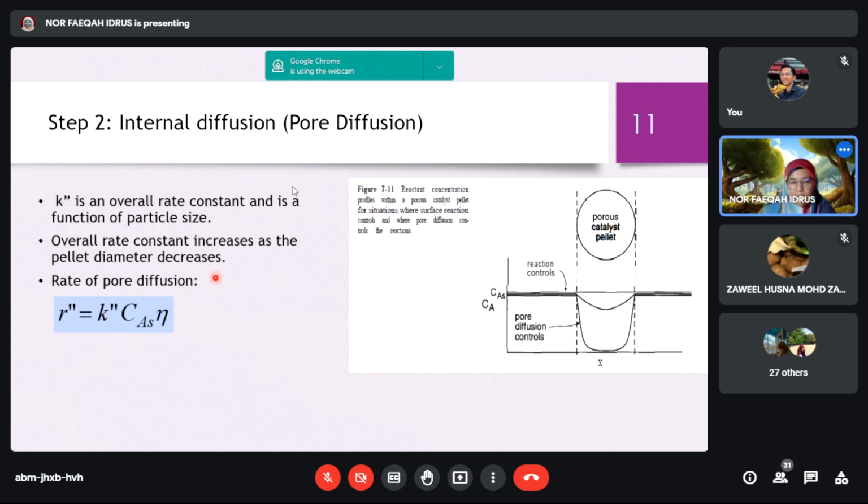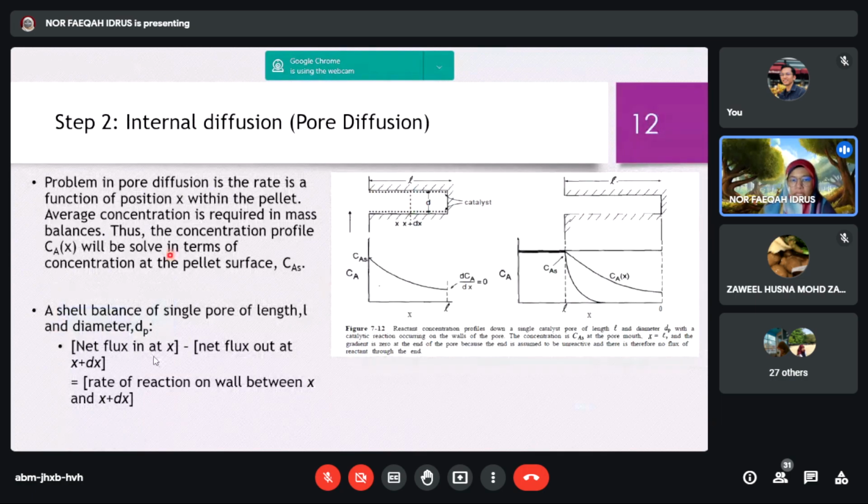So yang equation ni kita tak akan guna untuk pore diffusion. So you just need to know how the internal diffusion occur and what will affect the internal diffusion and reaction at the interior side. Okay, why the rate of pore diffusion is quite complicated?